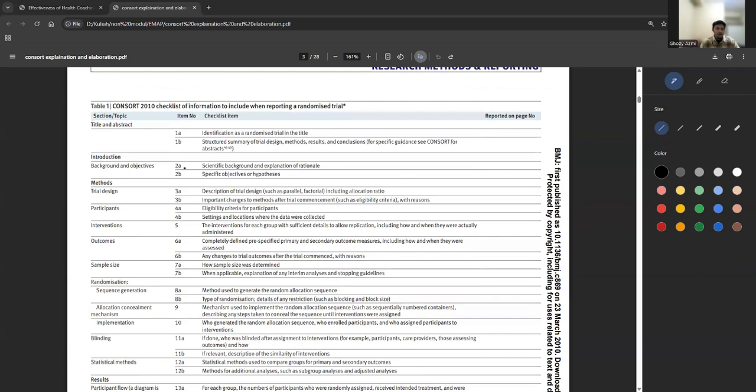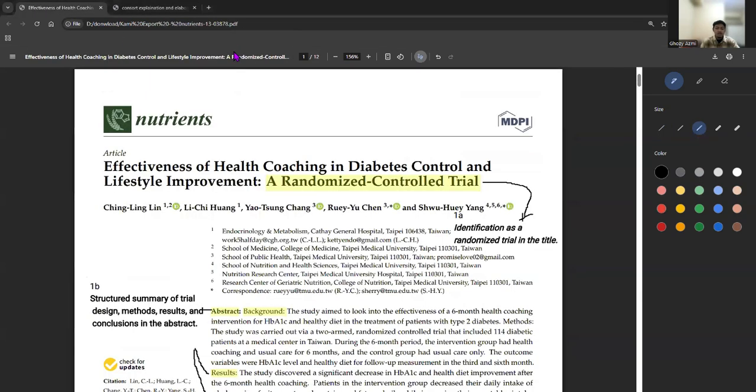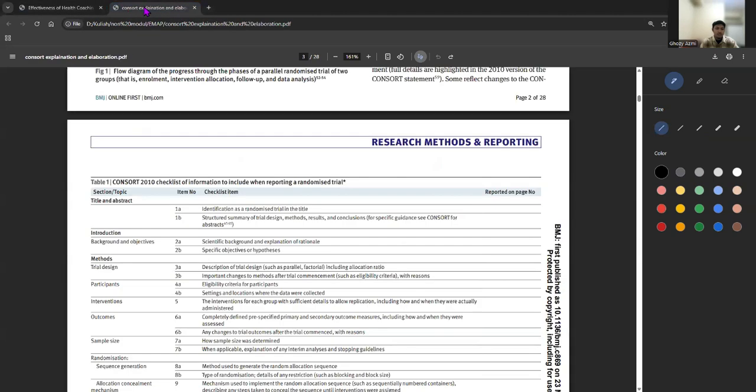Okay, first we will see item number 1A, identification as a randomized trial in the title. In the article, the title says a randomized controlled trial. This is a correct and clear example for CONSORT. This is on page 1, and we can check it on the table.